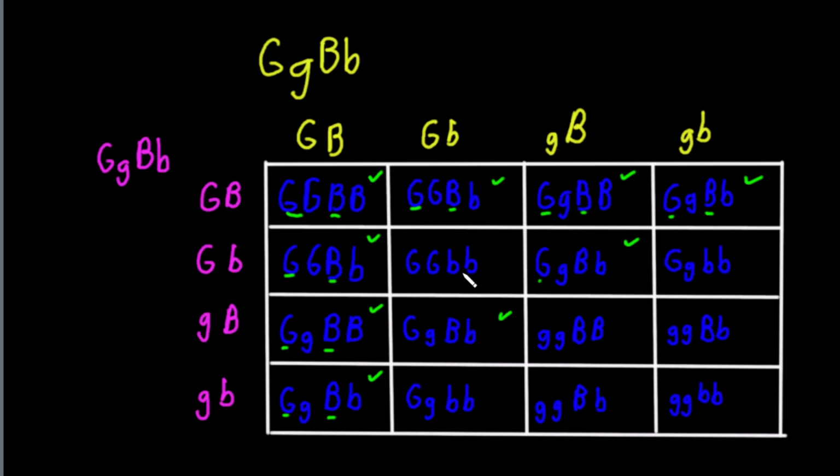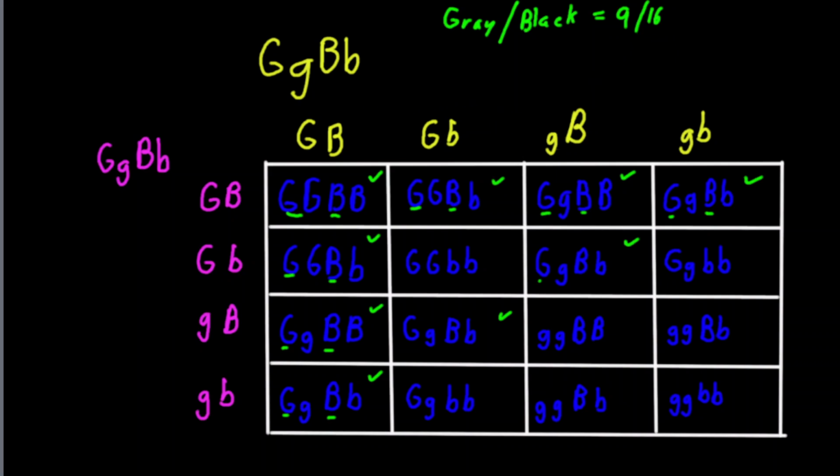This one is gray and red, so that's a no. Gray and red, white, and the rest of these are white, so none of them will be. So our gray fur, black eyes are 9 out of 16.